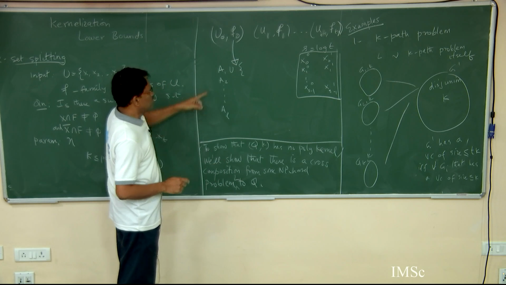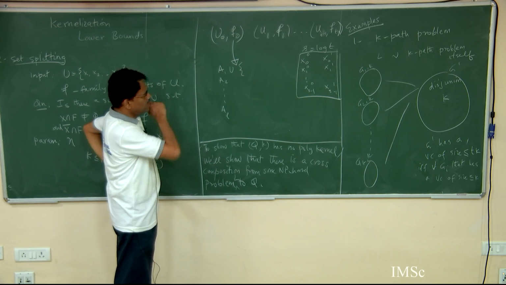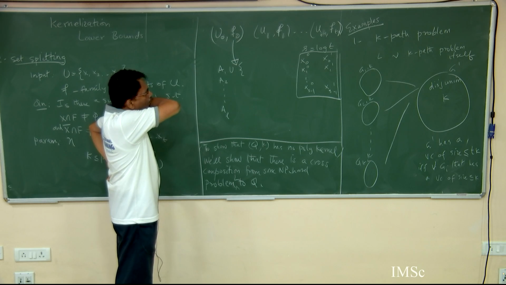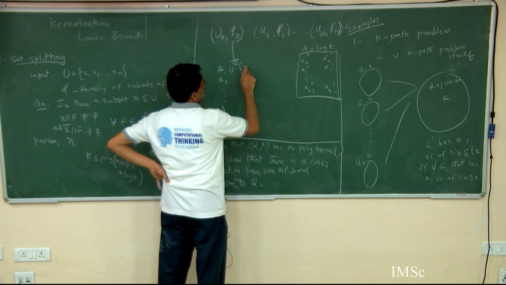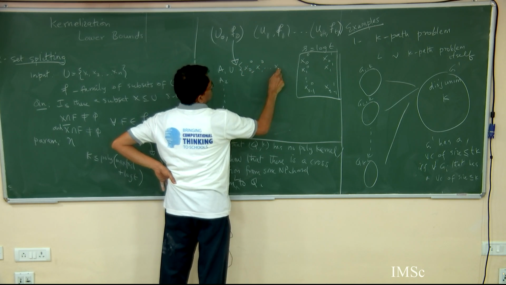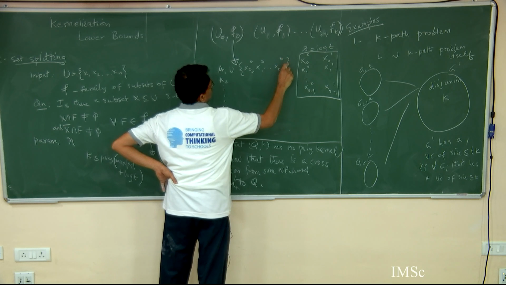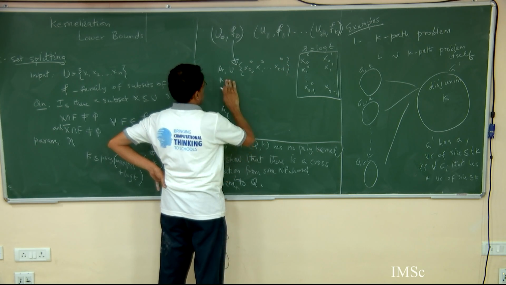Okay. So, now for every set in this family, I am going to write x0 0, x1 0, up to x s minus 1 0.